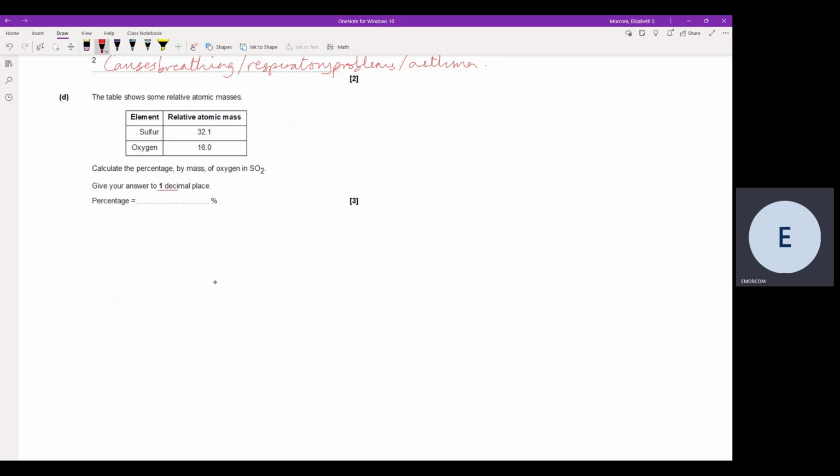So if I'm calculating the percentage by mass, I've got to look at the total mass, so the relative formula mass of sulfur dioxide. So that's equal to 1 sulfur atom and 2 oxygen atoms, which is 1 times 32.1 plus 2 times 16.0, which is equal to 64.1.